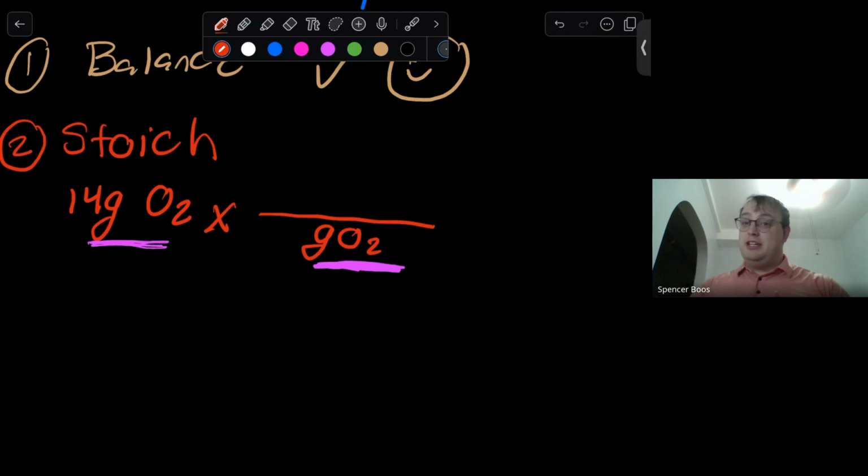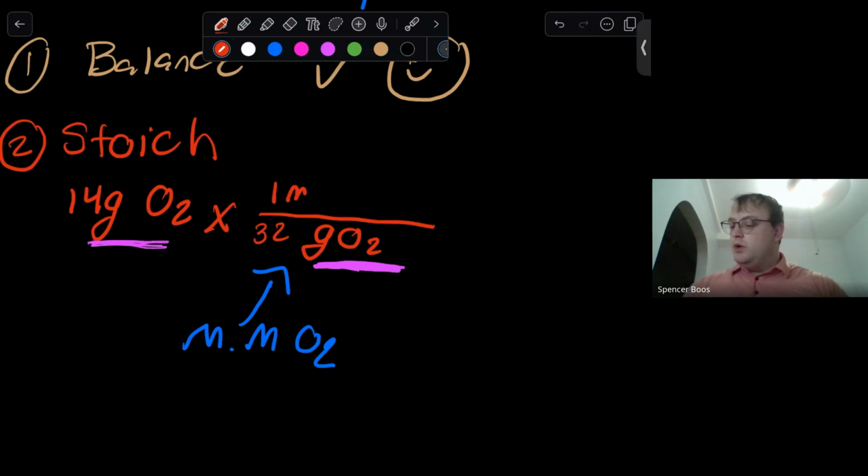And the only thing that I know that we can relate grams of O2 to moles, which is what we want, is the molar mass of O2, which in this case is 32 grams, 16 plus 16. And I know that's every 1 mole of O2.